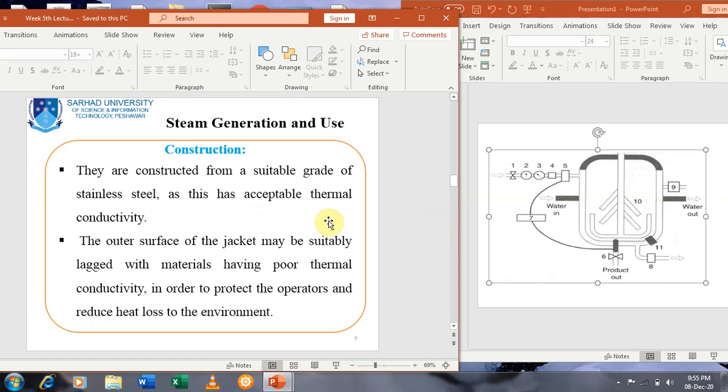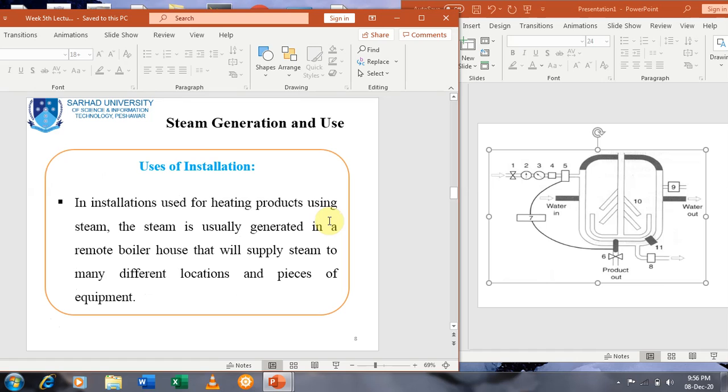Because of its acceptable thermal conductivity, stainless steel is selected for its construction, and the outer surface of the jacket is suitably lagged by a material having poor thermal conductivity, for protection of the operators and to reduce heat loss to the environment. Due to this reason, it is lagged with materials of poor thermal conductance.